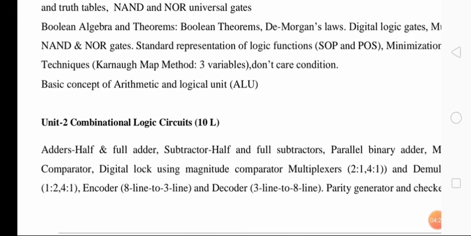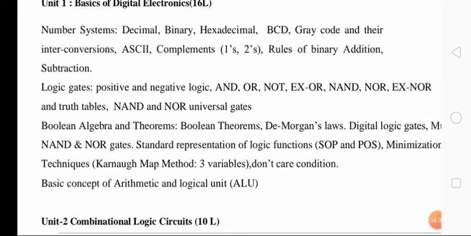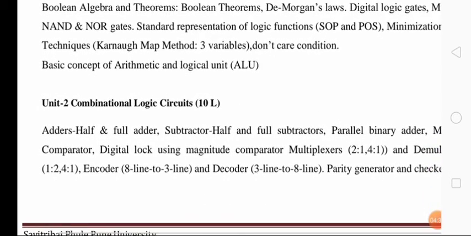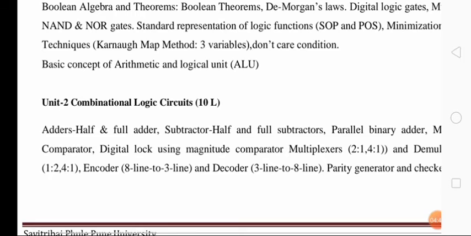For that purpose, you are going to learn the Karnaugh map, which is given in brackets. Karnaugh map, in short, is known as K-map. Up to 3-variable K-map is in your syllabus that you are going to learn in Unit 1. And the basic concept of the arithmetic and logic unit, that is ALU, which is used in computer systems.